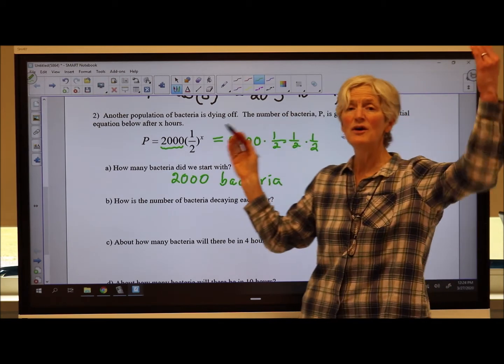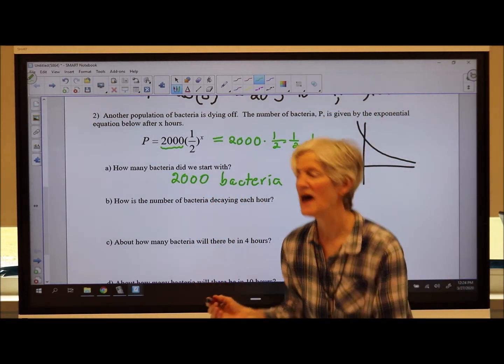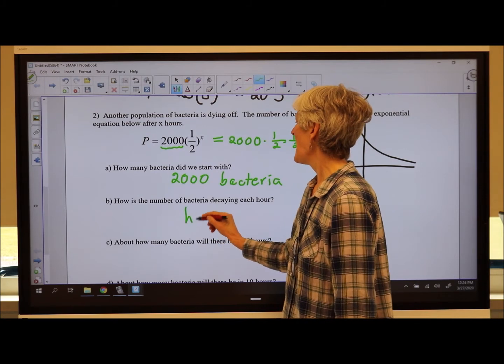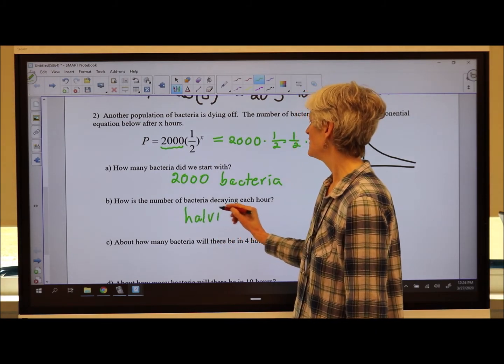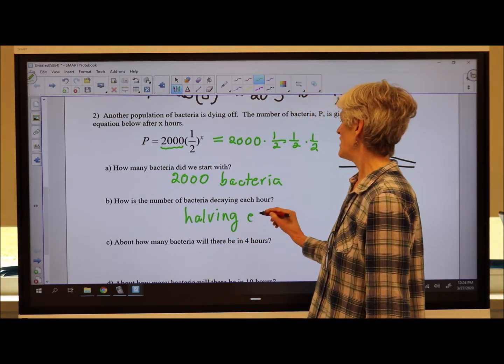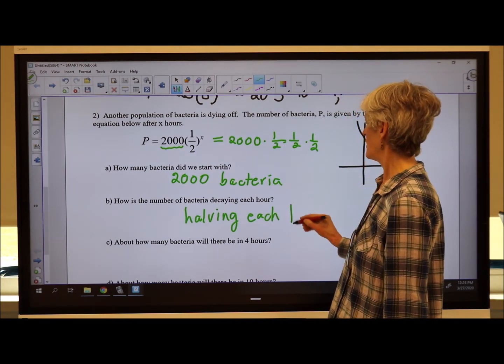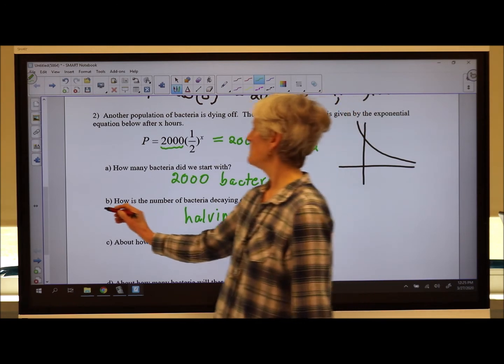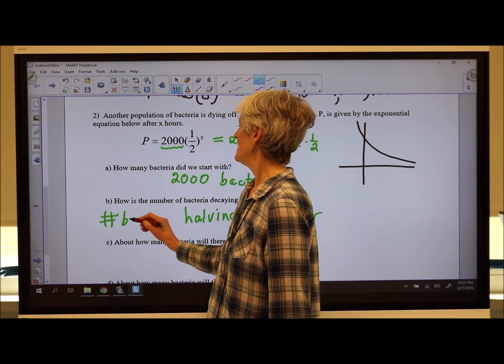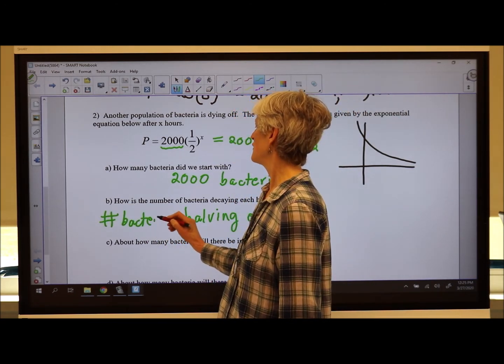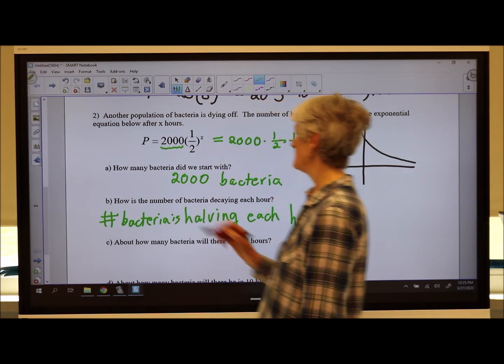So each hour you have half of what you had before. So it's halving each hour. So the number of bacteria is halving. That's a funny thing to say.